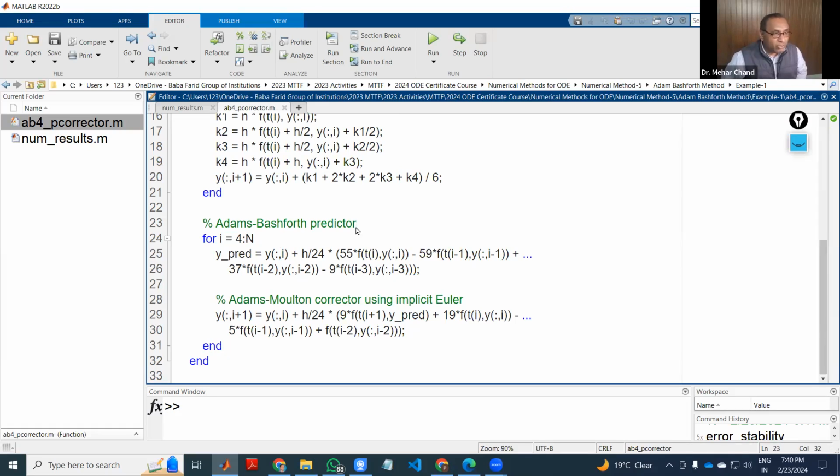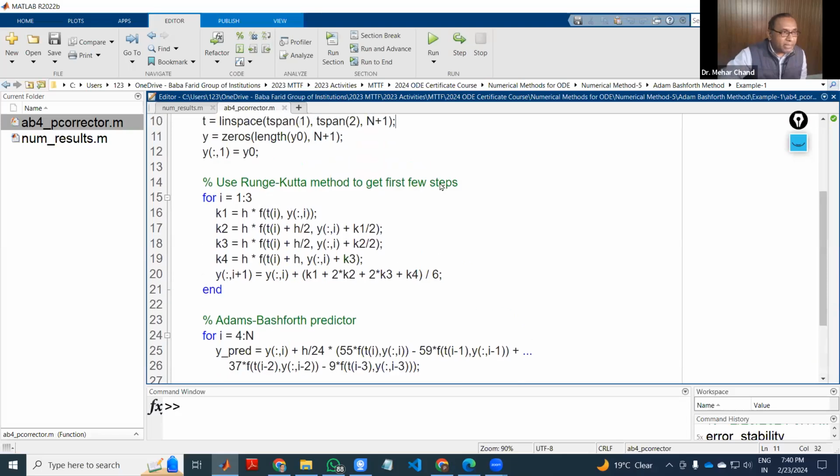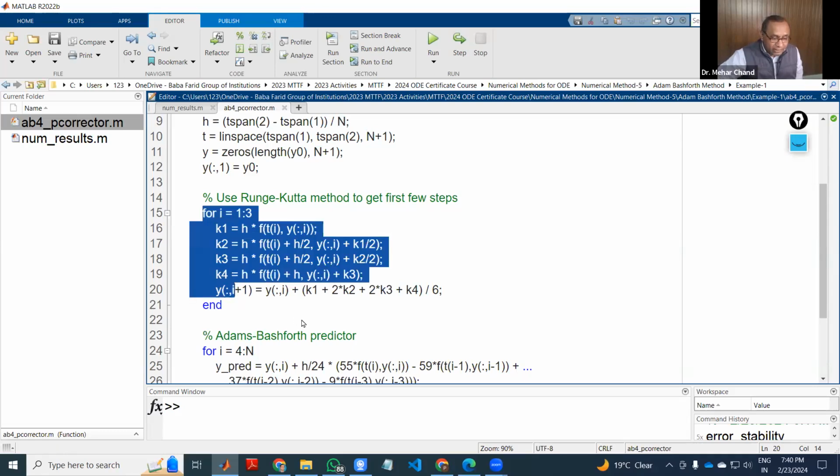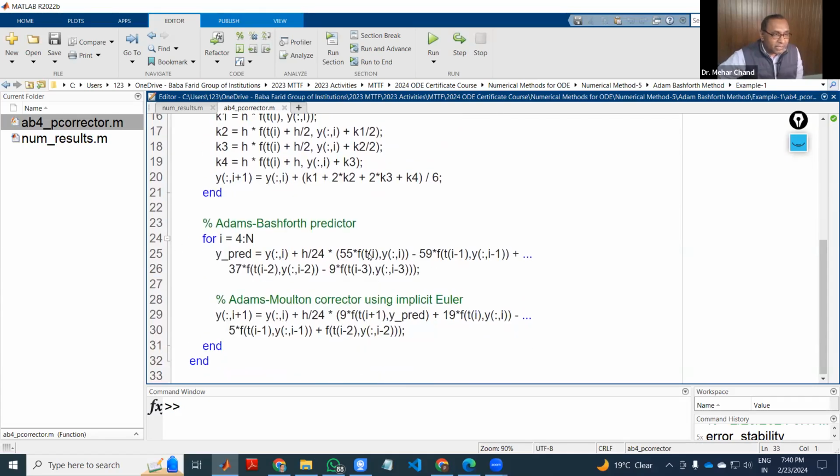Corresponding to y0 we have y1, y2, and y3. These values will be computed at this place, and that's why we are choosing this loop from 1 to 3. So the initial three values required for this method will be calculated here, and those values will be used in the predictor. And this is the same equation which I have shown you at this place.